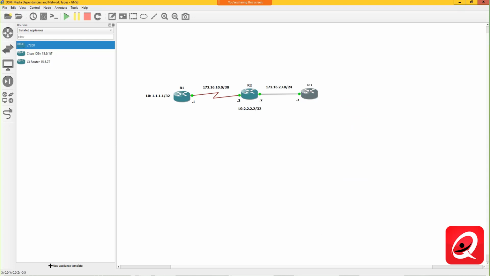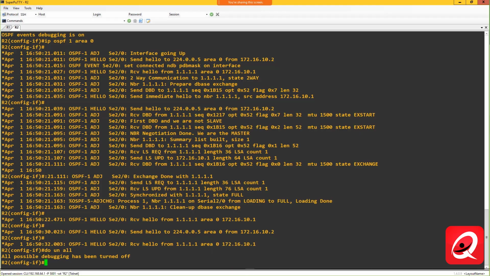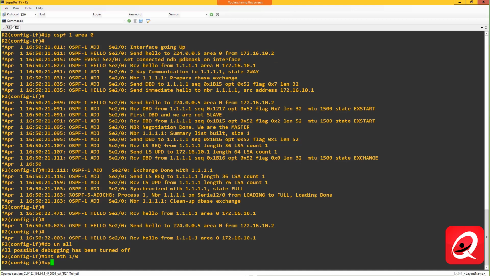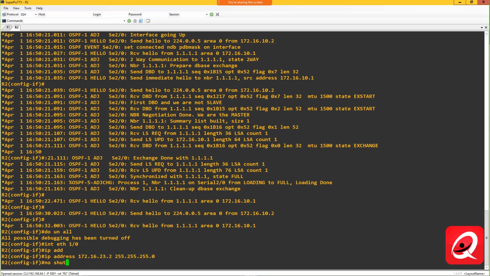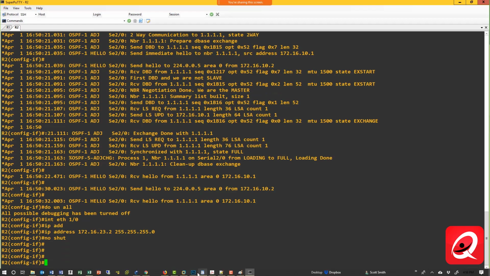and go into router 2 and set up the IP address on that interface. Interface Ethernet 1.0, IP address 172.16.23.2, 255.255.255.0, no shut. And let's go into router 3.